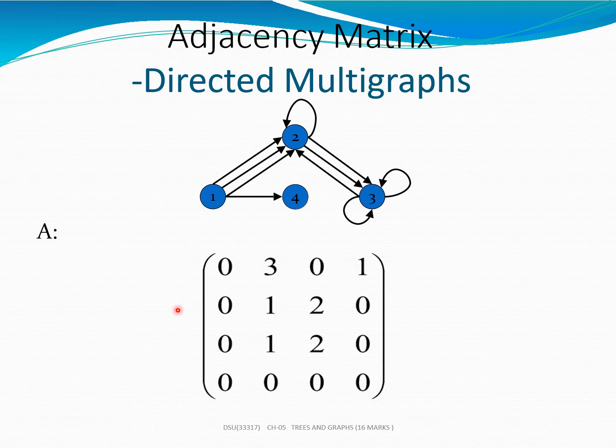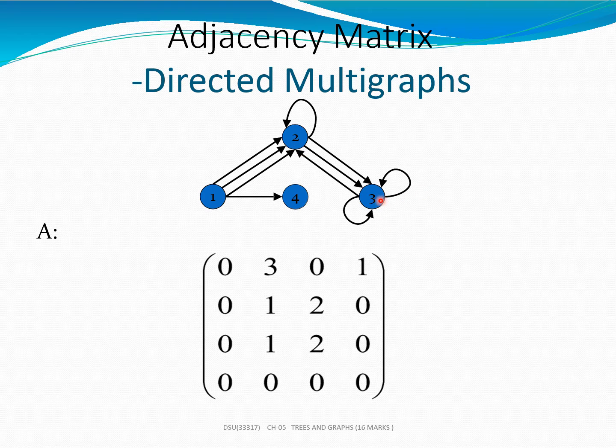Okay. Now this is 2. 2 to 1 is 0. 2 to 2, this is a loop, so 1. 2 to 3 has 2 edges, so the value is 2. Then 2 to 4 is 0. Now 3: 3 to 1 is 0. 3 to 2 is 1 edge, that's why 3 to 2 is 1.